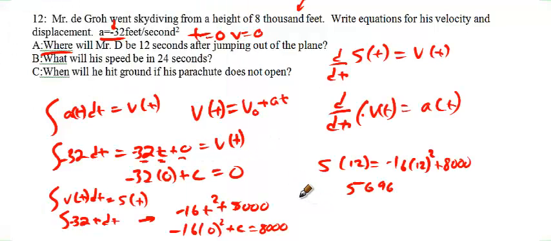All right, what will the speed be in 24 seconds? Now I know speed and velocity are a little tricky, but basically you're looking for the absolute value of velocity at 24. So we plug in our 24 into our velocity equation, which is negative 32 times 24. And you can kind of tell that you're going to be going pretty fast.